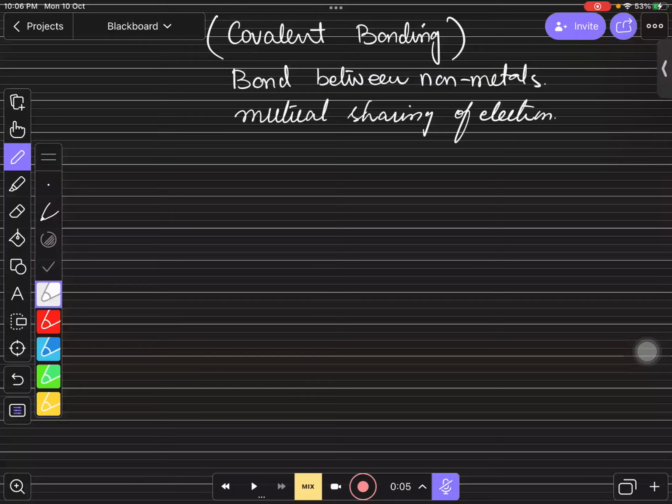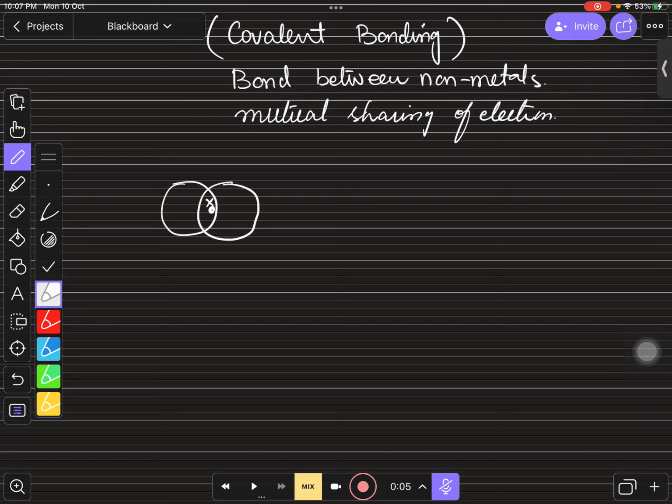So if you talk about the very basic structure of covalent bonding, just look over here. If we talk about hydrogen, we know that we just have one electron in hydrogen, right? So when hydrogen needs to complete its duplet, it requires one more electron, so it can share that electron with the second hydrogen, which also has one electron.